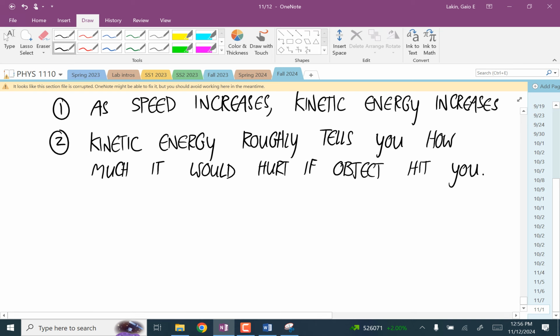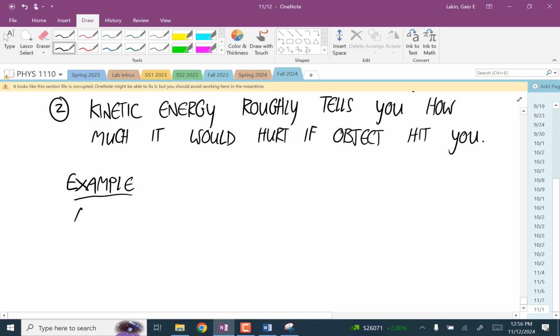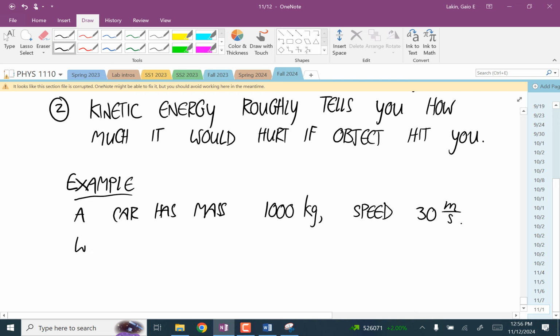So let's do an example calculation. So let's say a car has a mass of 1,000 kilograms and a speed of 30 meters per second. What's its kinetic energy?